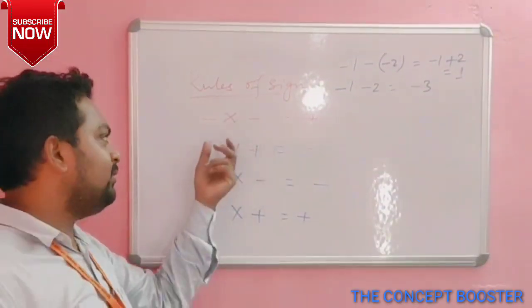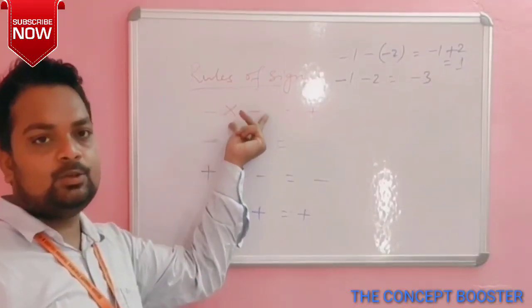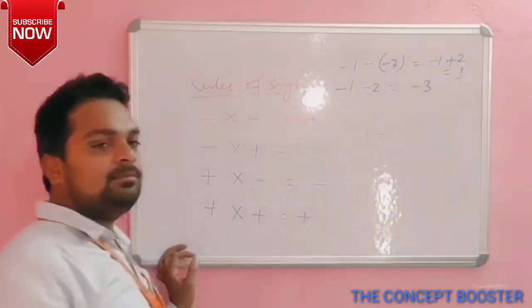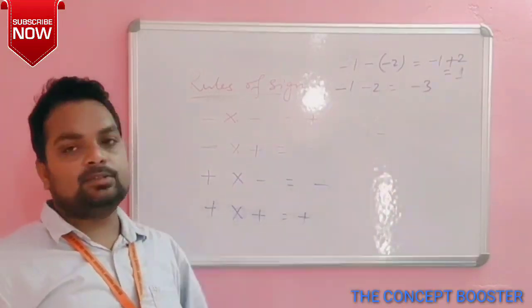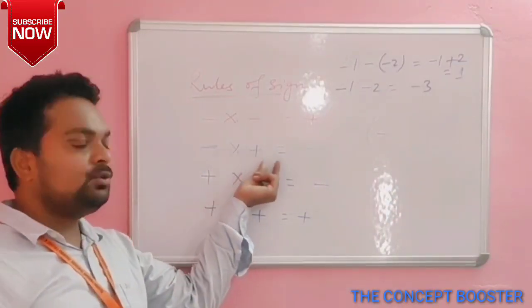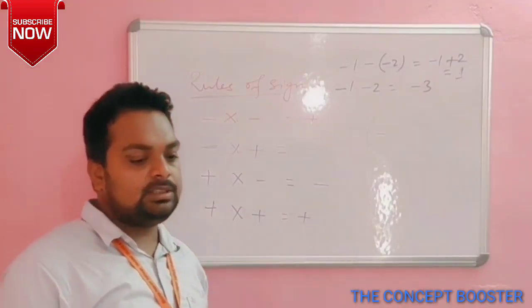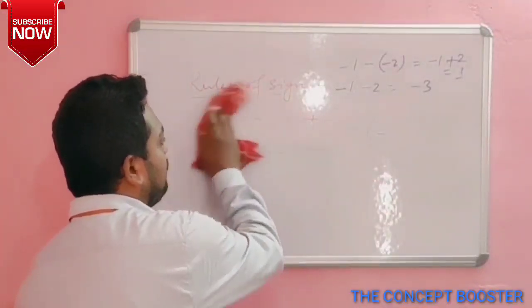Multiplication sign, you very often get in the calculation. So if it is written like minus bracket minus something, then the bracket is also multiplication. So you can take minus into minus as plus, minus into plus is minus, plus into minus is minus, and plus into plus is plus. So this is the rule that you have to use for the algebraic calculation.